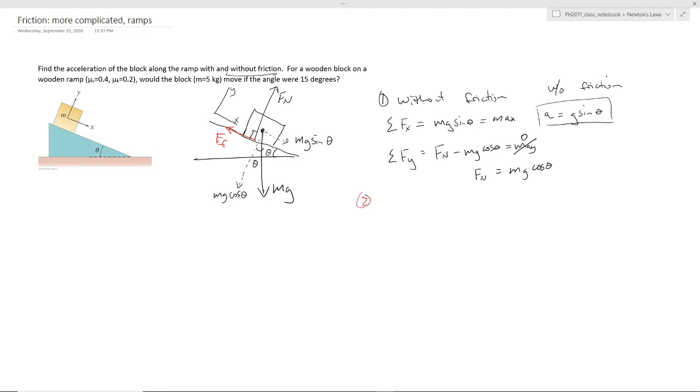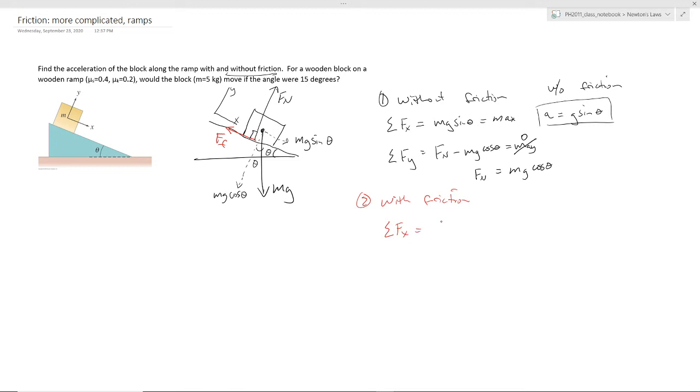So let's analyze the situation with friction. Now notice this is in the x direction, so it has no impact on what's happening in y, so the normal force is the same.